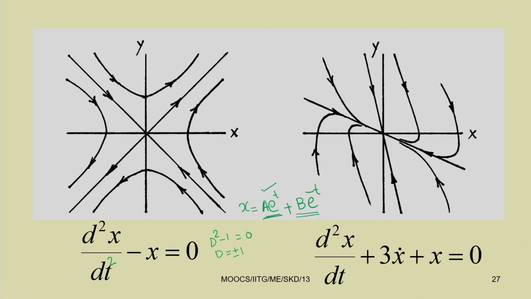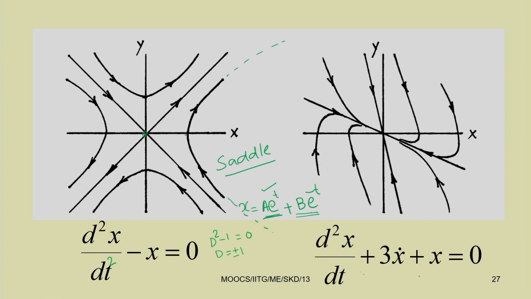One part is coming to the zero line, but due to the presence of the other part it will exponentially grow and go to infinity. It starts from infinity and goes to infinity. This point is the saddle node point, so you have a saddle node response. This type of point is known as a saddle point.